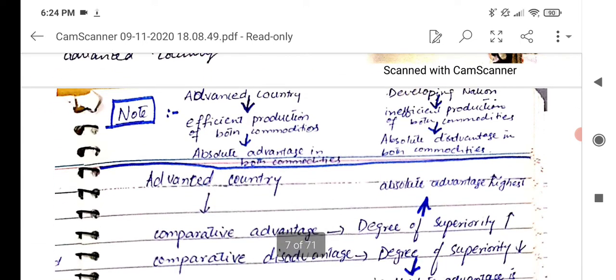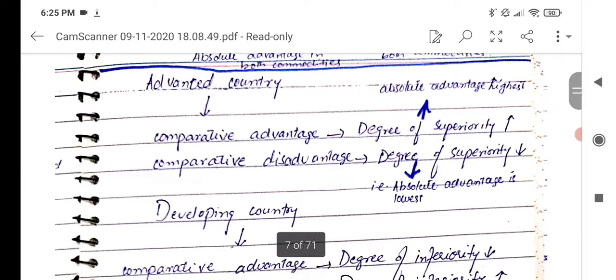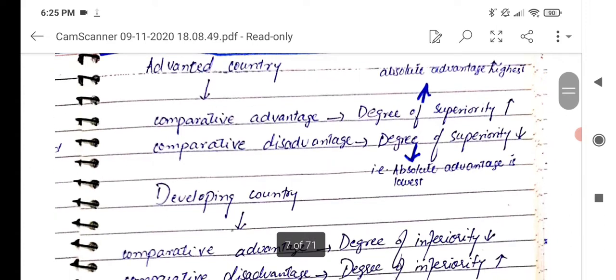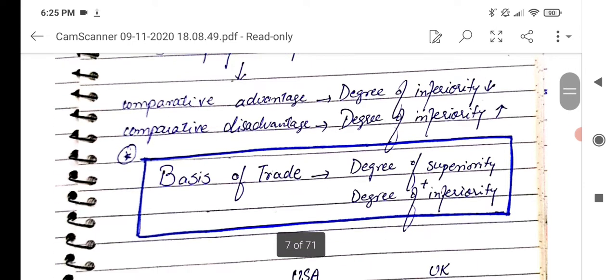So the advanced country has efficient production of both commodities, absolute advantage in both, but its degree of superiority differs between them.